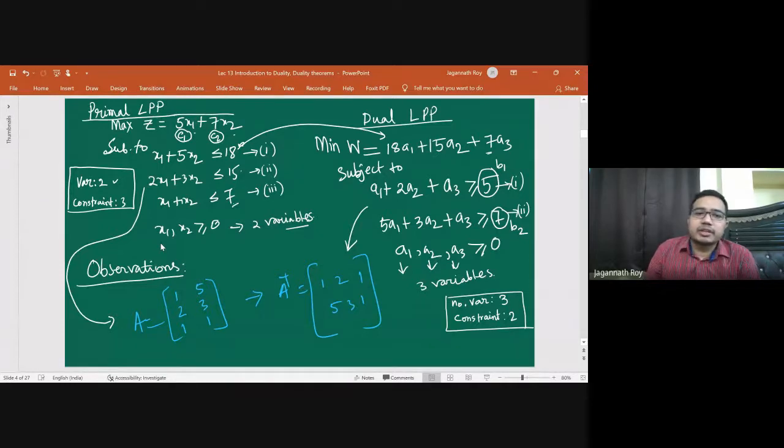In this way we can find the relationship between the primal problem and the dual problem.